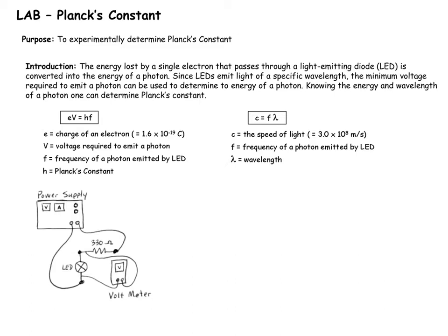All right, we have a couple of equations here. One of them is the energy of a photon, derived by Max Planck, a German scientist. The h in the equation is what's called Planck's constant. The f represents the frequency of the light of the photon.